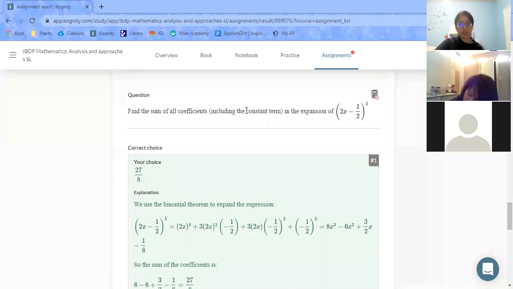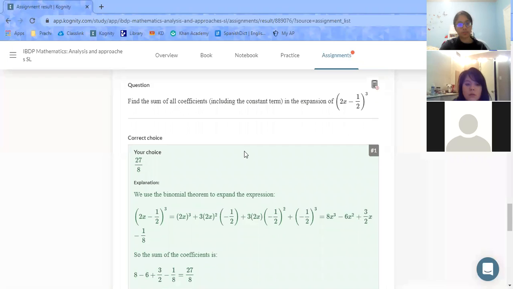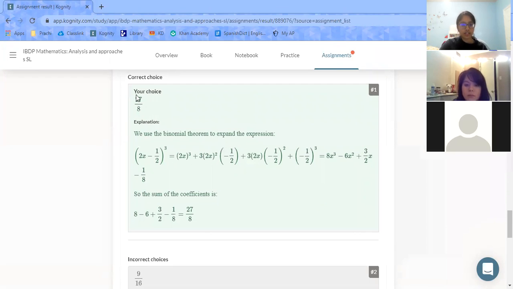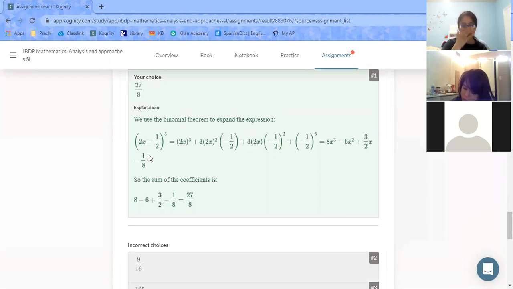So I was confused about what the constant term is, but the constant term is just a term that doesn't have any variables. So 1/2 to the power of 3 would be a constant term, because there are no variables in that. So there's no way it's going to change. It's always going to be constant, because it's not being multiplied by any variables that are going to change. Okay, so the correct answer was 27 over 8.